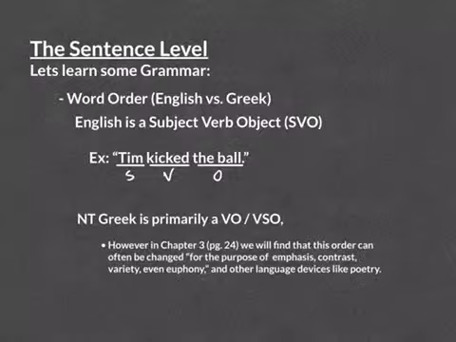Next, that is important, is word order. English word order is subject, verb, object, and this is really easy to demonstrate. Because if I said "ball Tim kicked," you wouldn't understand very well, would you? No. But if I said "the ball kicked Tim," would that make sense?